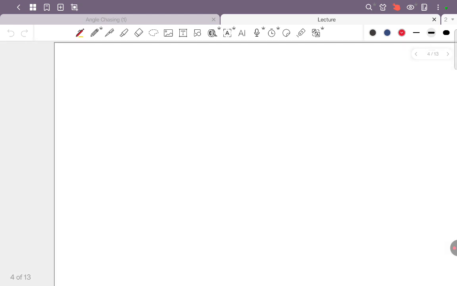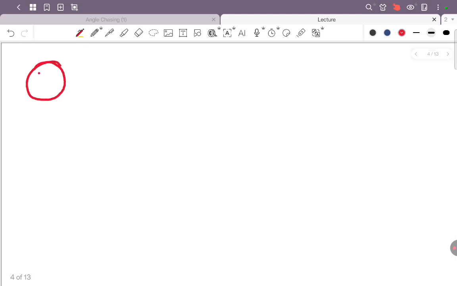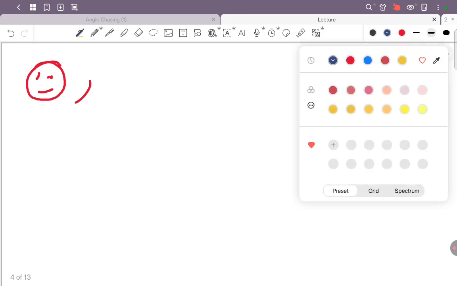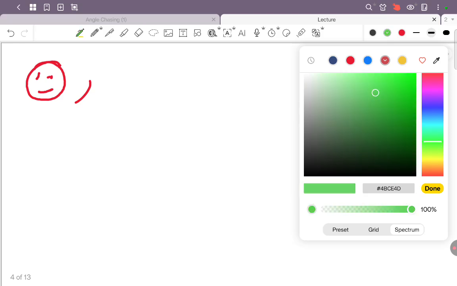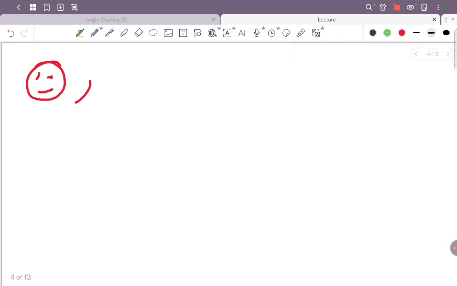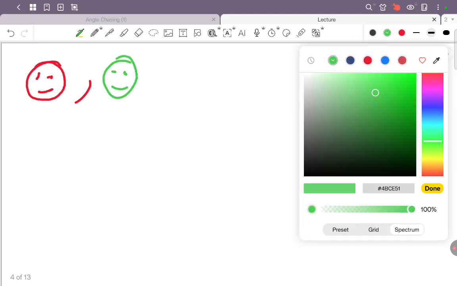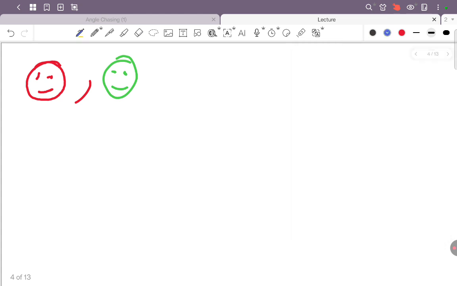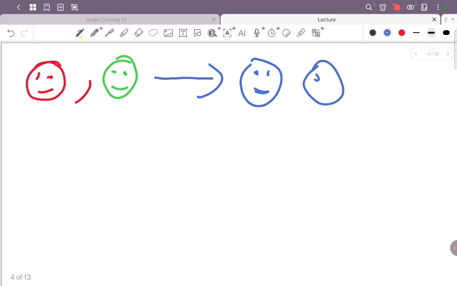So what will happen? See, let's say there is one red guy and one green guy, and they both turn into 2 blue guys.